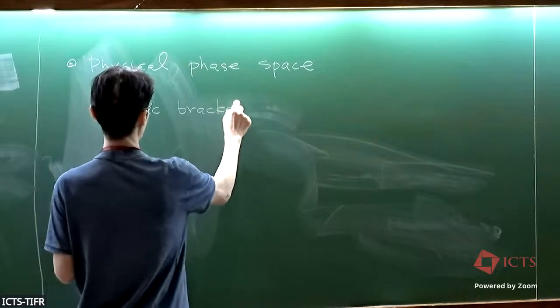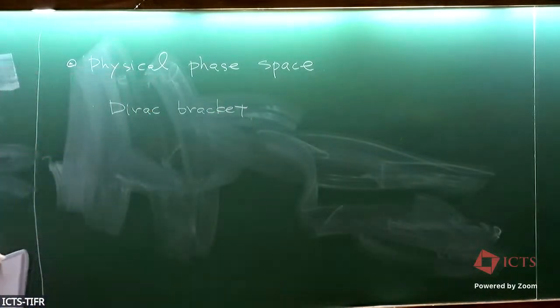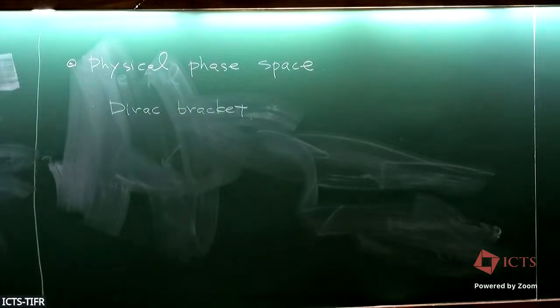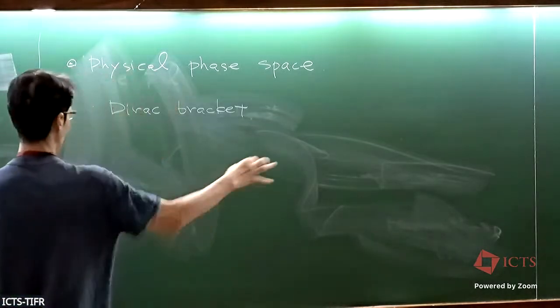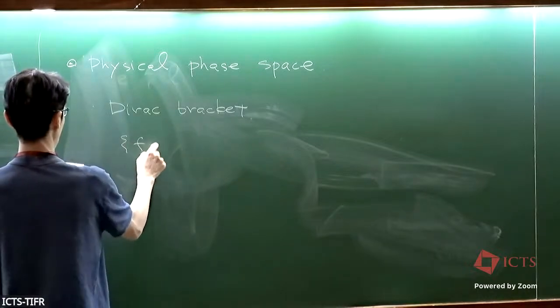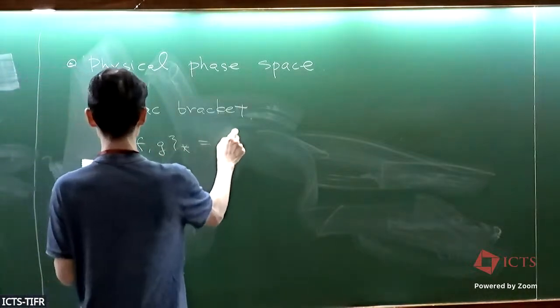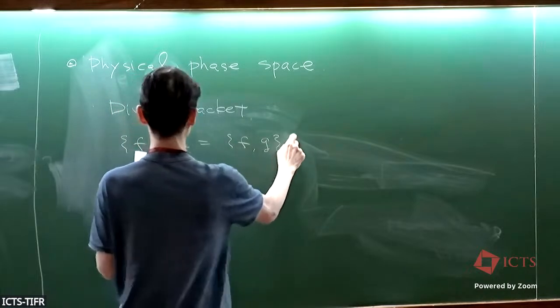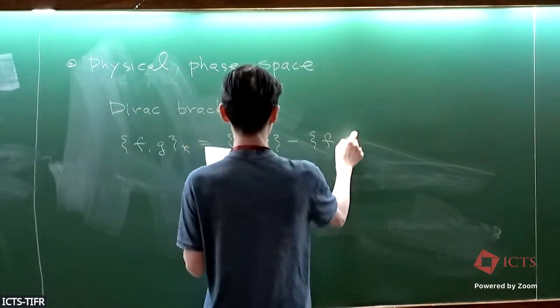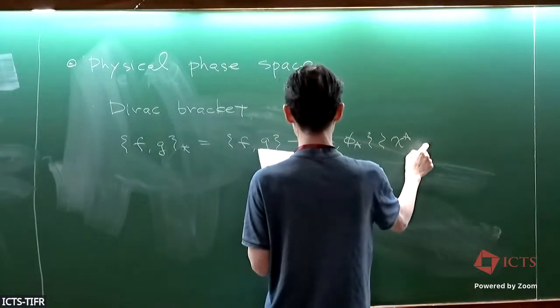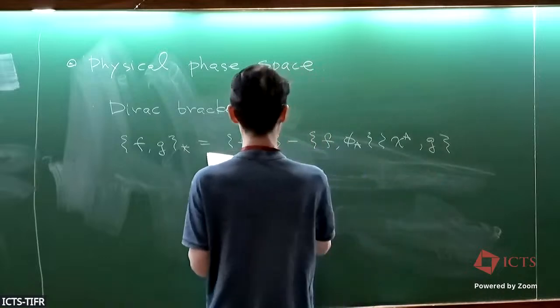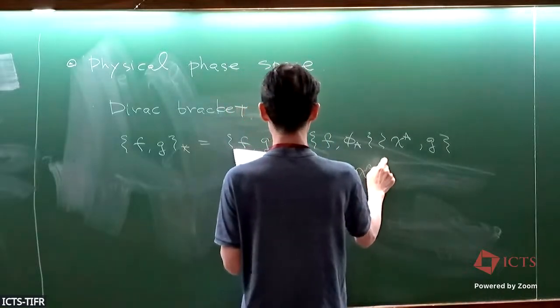The Dirac bracket allows us to compute the dynamics on the physical phase space without actually solving the constraints by explicit coordinates. And in this particular context, the Dirac bracket is defined this way.